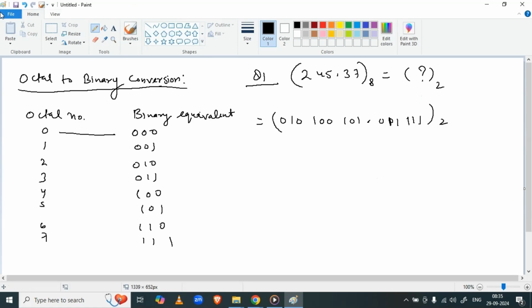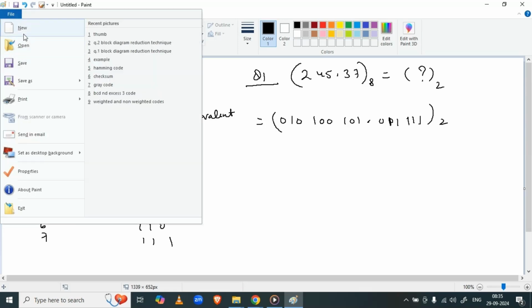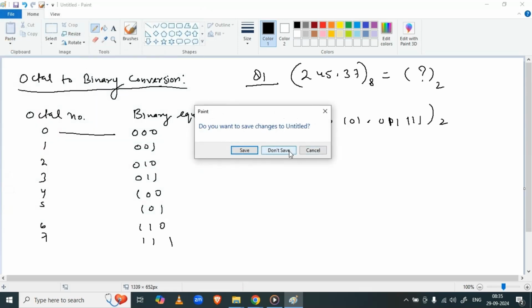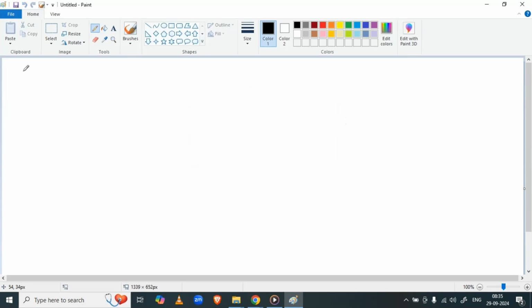Next is octal to hexadecimal conversion. The octal number has a base 8 and the hexadecimal number has a base of 16.